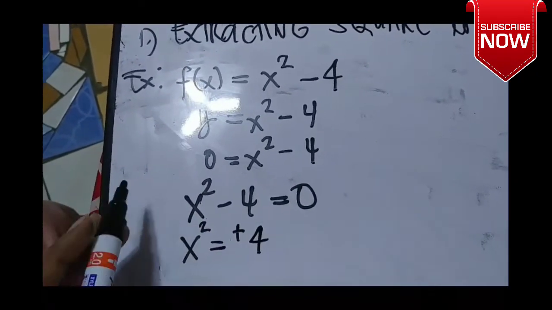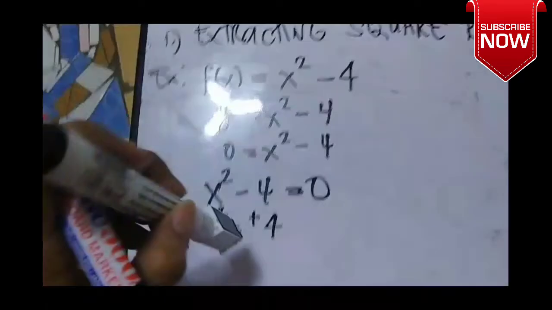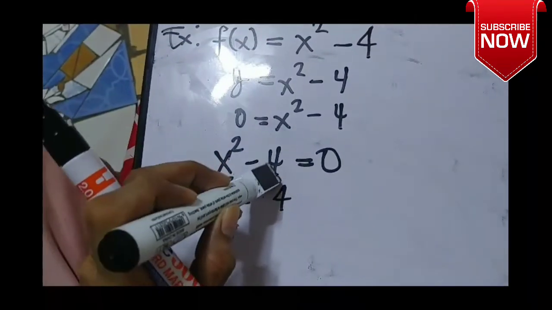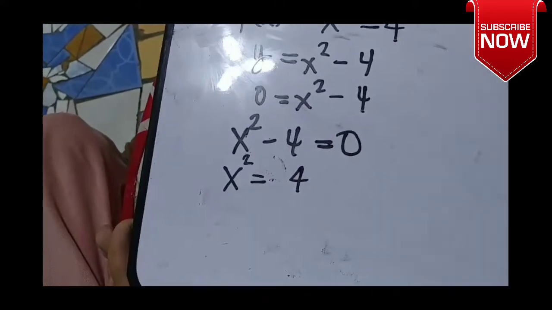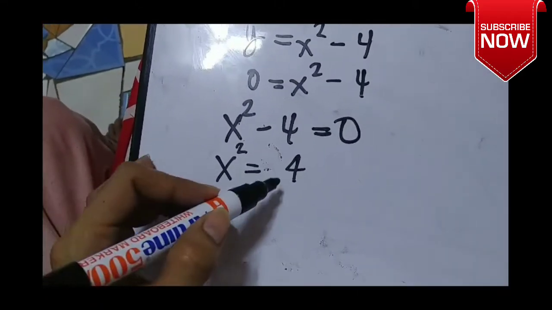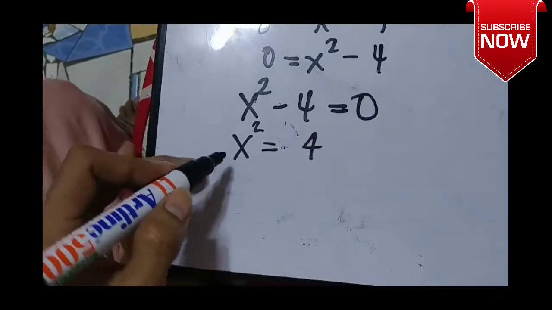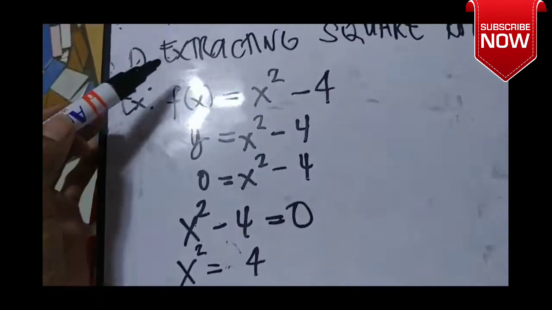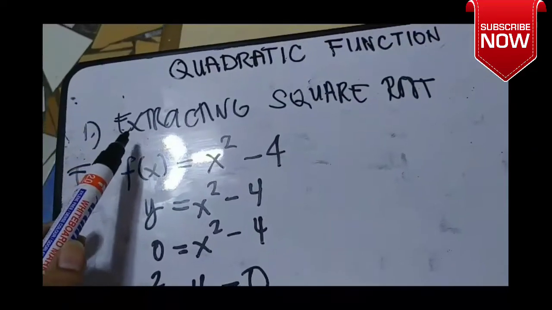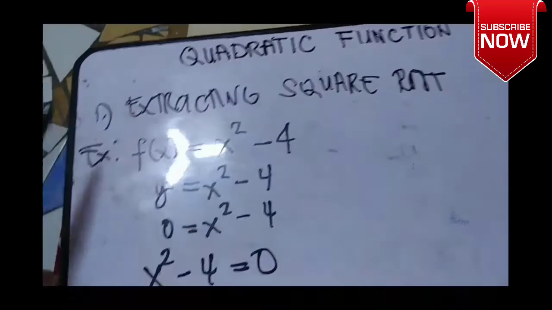Now, tandaan lang natin na any numbers na may sign na positive, no need to write. Kasi, hindi rin magbabago yung value ng number. So, as is. Positive 4 will be 4 only. Okay. So, sa pagkakataong ito, dito na papasok yung title itself, yung extracting square root. Okay.